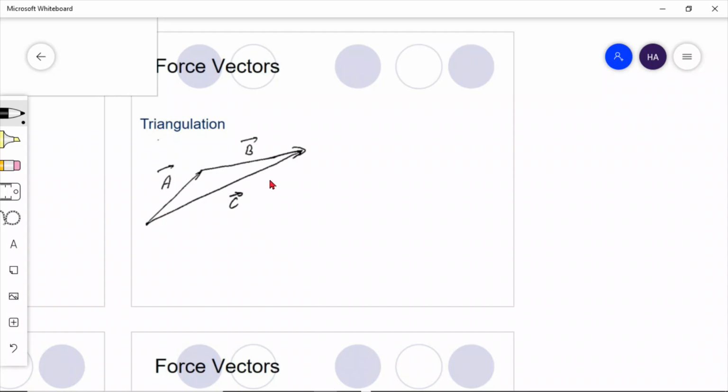So this third vector gives us the magnitude and direction of our resultant vector, the summation of the vectors A and B. So this method is called triangulation.